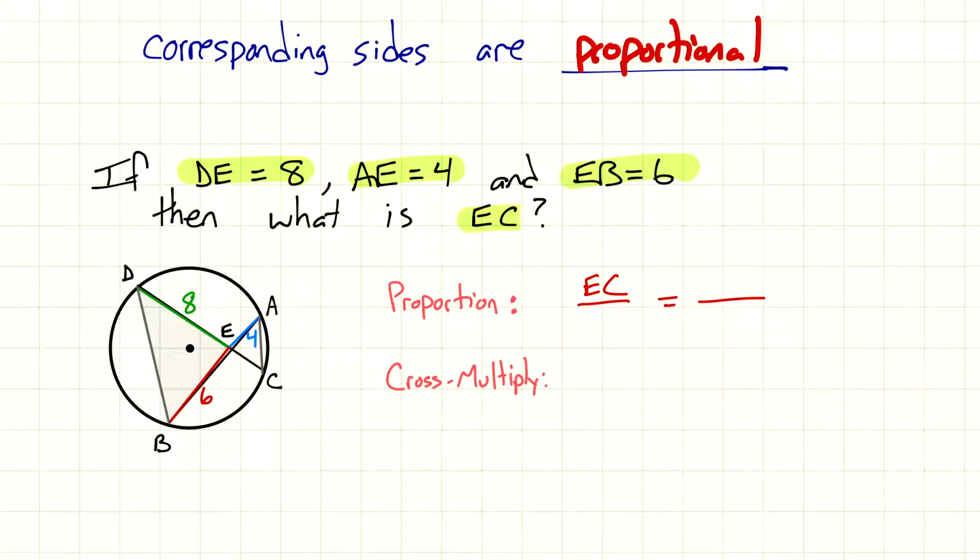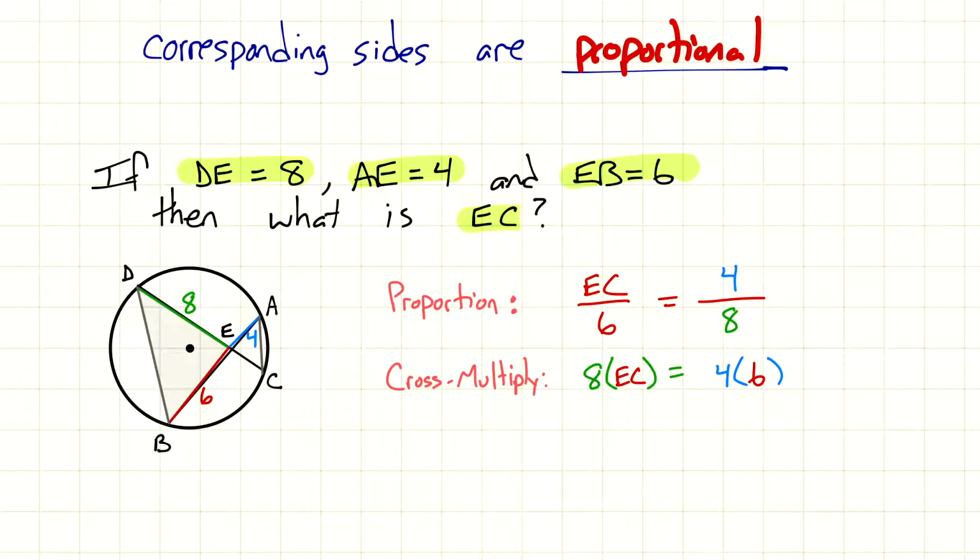So EC corresponds with 6, which means 4 corresponds with our 8. That's the proportion we're setting up. When we cross multiply, we end up with 8 times EC and 4 times 6.